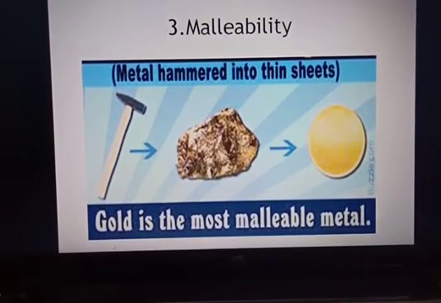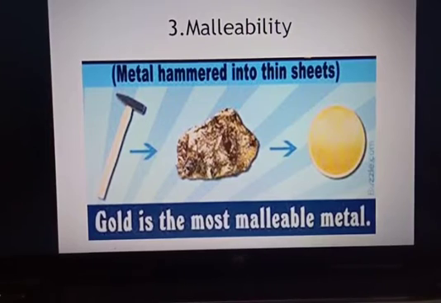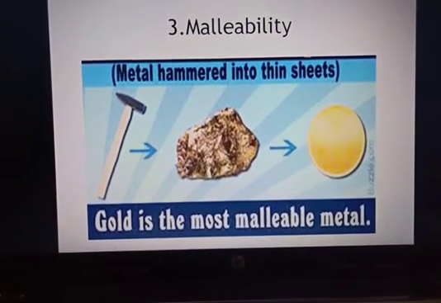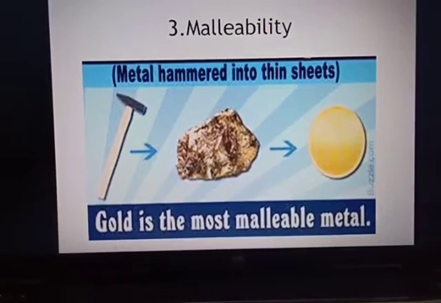Yes, it is an amazing property of metals where the metals can be beaten into sheets, and this property is called malleability of metal. Most metals can be beaten into thin sheets, and gold is the most malleable metal.